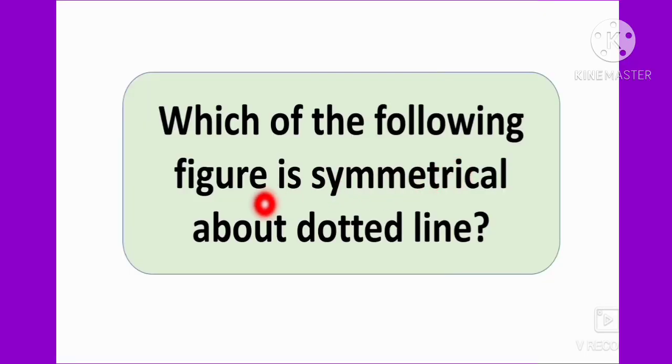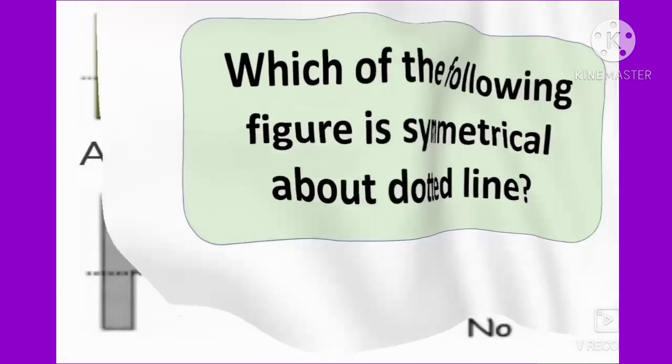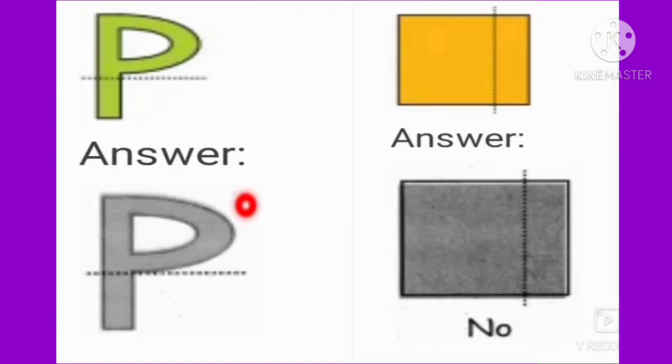The following figure is symmetrical about dotted lines. So children, that is the dotted line, and we have to examine whether the line is a line of symmetry, that is, whether the line divides the figure into two equal parts or not. See the first letter P, and the line drawn is not a line of symmetry because it does not divide the letter into two equal parts.